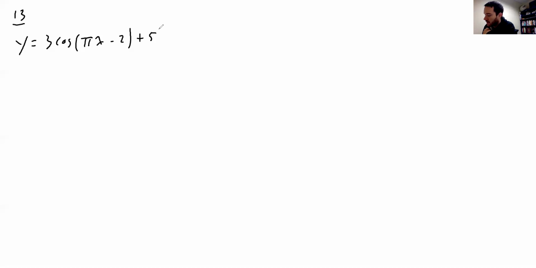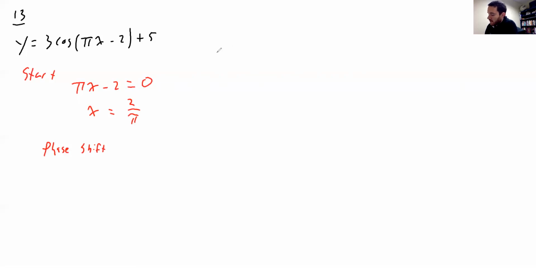I can tell right away, because you're going to want to start this guy, same as the last one, by setting the argument equal to where you normally like to start your cosine graphs, which is 0. So unfortunately, when you add 2 divided by pi, once again, you're going to get 2 over pi. Well, this time 2 over pi, last time it was negative 2 over pi. That's going to be your phase shift. And that's going to be where you start.